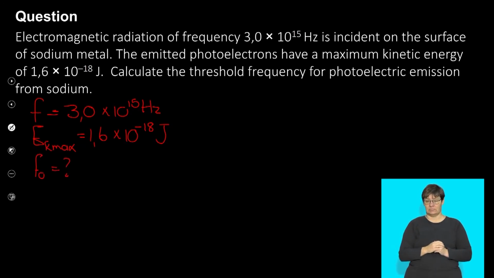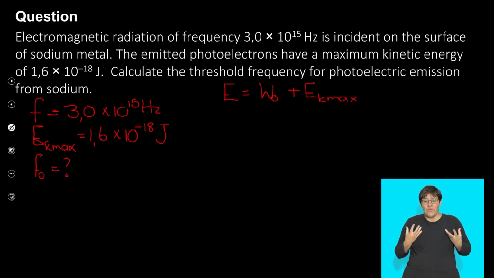So we remember that energy of the photon is work function plus EK max. But we don't have the energy of the photon and we don't have the work function. But we are looking at frequency.